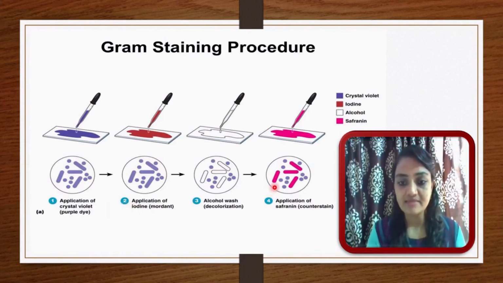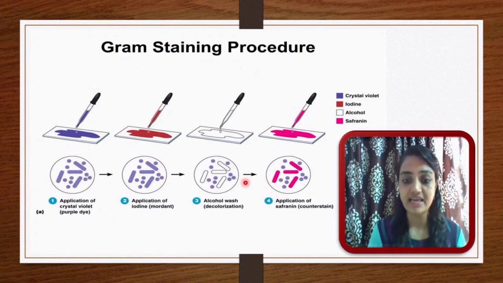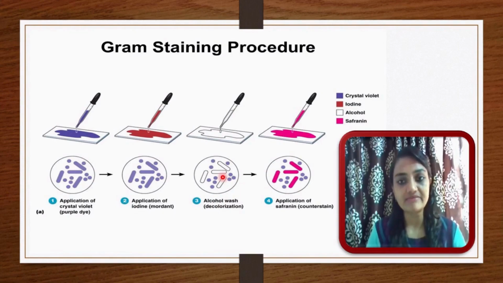The bacteria which are colored with the help of safranin and look pinkish are considered Gram negative bacteria, because they cannot be stained with crystal violet and they are decolorized in the presence of alcohol. So in this way we can divide prokaryotic organisms, bacteria, into two groups: Gram negative and Gram positive bacteria.